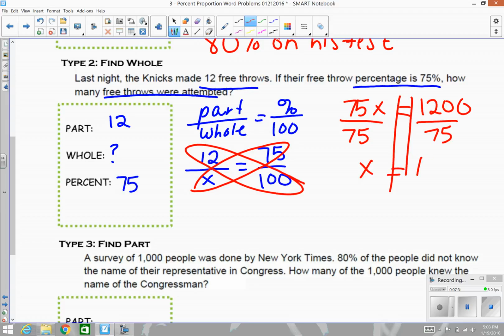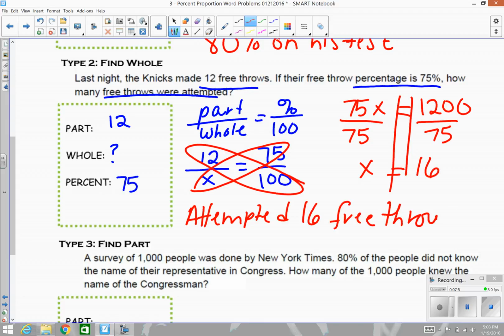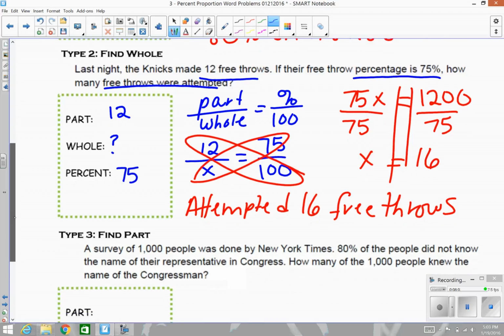And x should equal 16. So now we know they attempted 16 free throws, and they made 12 out of 16. When you're ready, scroll down and we'll do example 3.